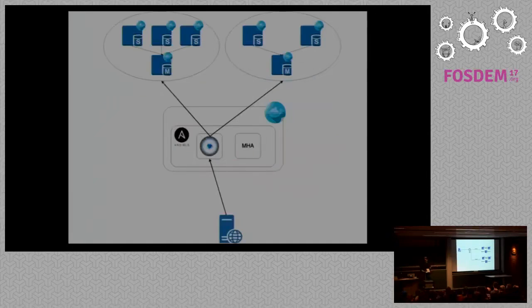So this is what I built. This is the web server, and everything is running on Docker. This is not the use case for Docker, but it works fine. We have two clusters here, for example, one with 3 slaves and one with 2 slaves, and there is the admin host. Within the admin host, Ansible is running locally to configure ProxySQL and MHA based on the inventory file generated during cluster creation.